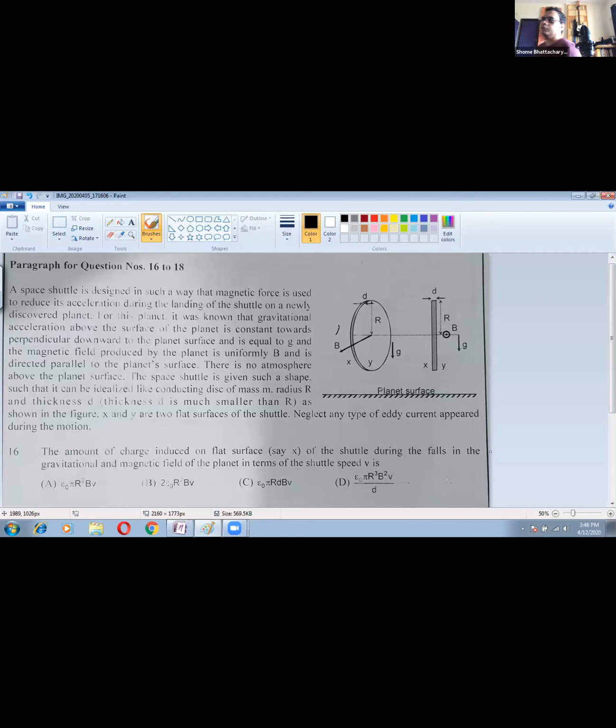I'll come to the individual parts, but I'll explain the paragraph first. All of you just go through this question. It's quite an interesting problem to do with induction. I'll explain how it works here. Just go through the language of the paragraph, then I'll explain in detail. Have you got a chance to read through it?